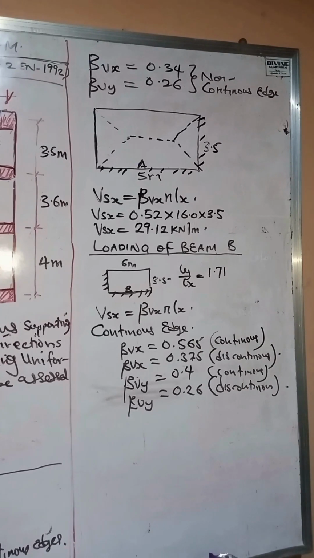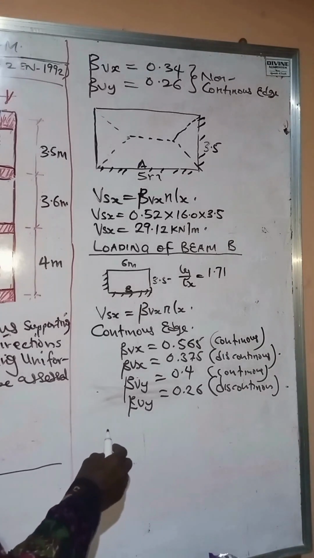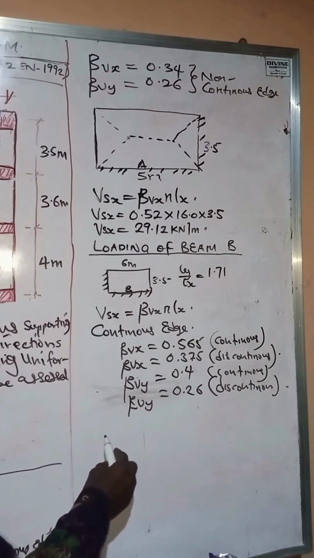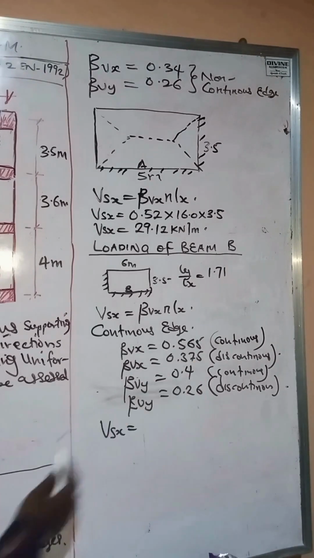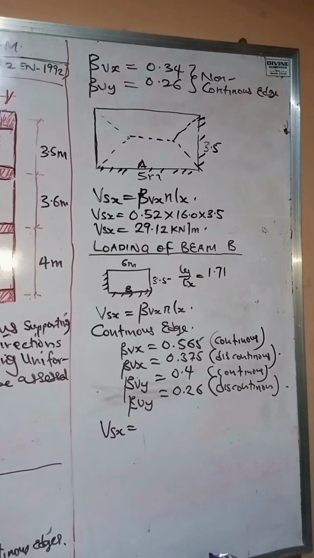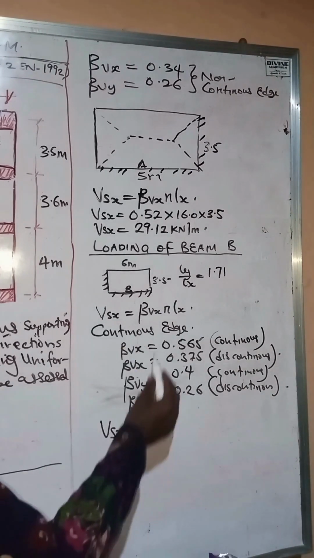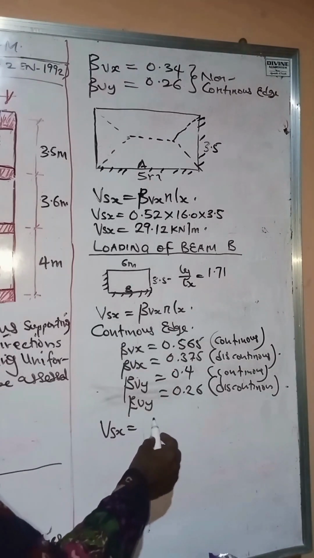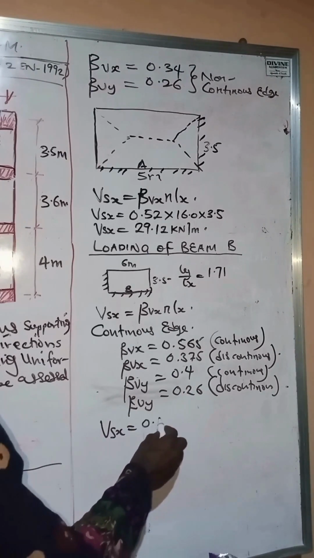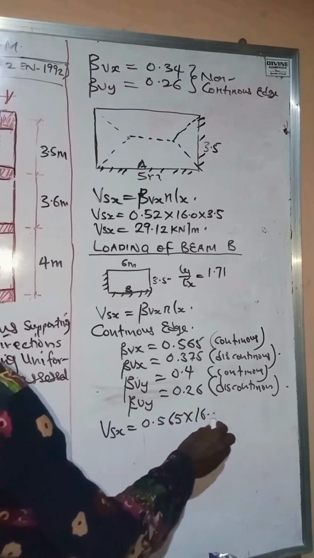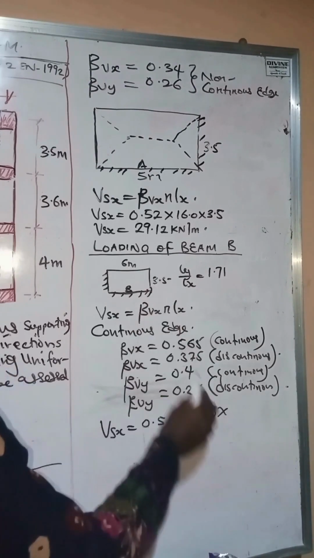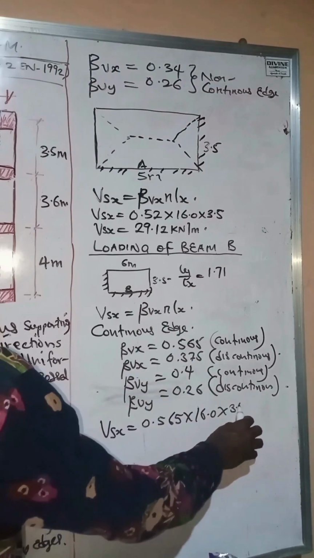So we are going to load beam B. For the continuous edge, we have beta Vx coefficient here as 0.565 times the load on the slab, 16, times the length of the short span, which is 3.5.